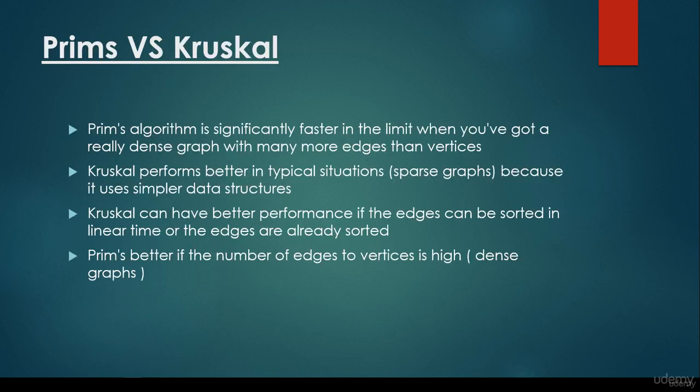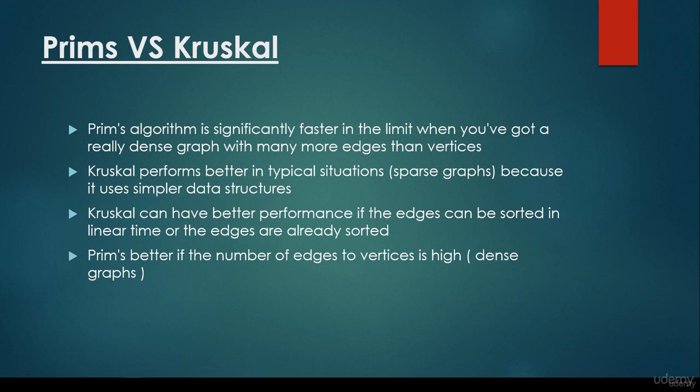In the end, I would like to summarize the difference between the Prim's-Jarník and Kruskal algorithms and when to use them. Prim's algorithm is significantly faster in the limit when we've got a really dense graph with many more edges than vertices.